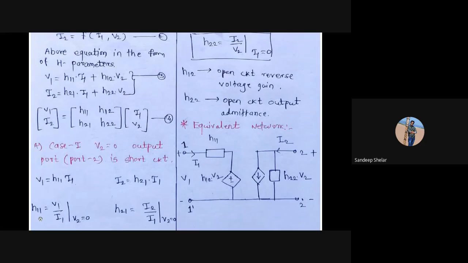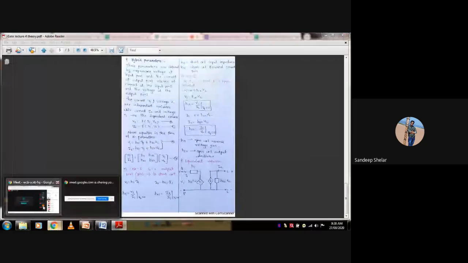Then H11 is equal to V1 upon I1 with V2 equal to 0, and H21 is equal to I2 upon I1 with V2 equal to 0. This is the output port short circuit condition.